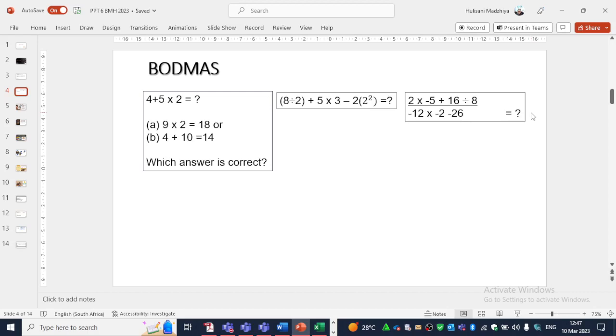Can you please assist us with the solution for this equation?